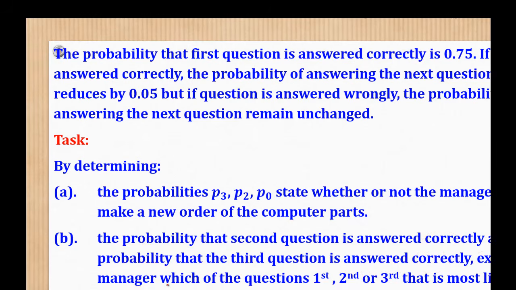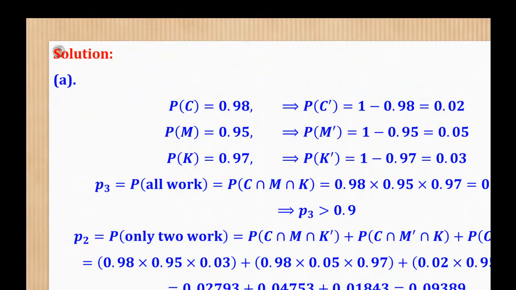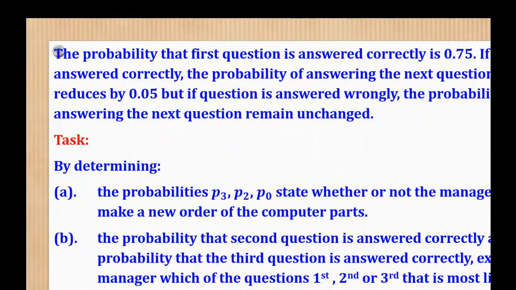So we need to see which has the highest probability of the three. Remember, they told us that if the previous question was correct, then the probability of the next question will reduce by 0.05.